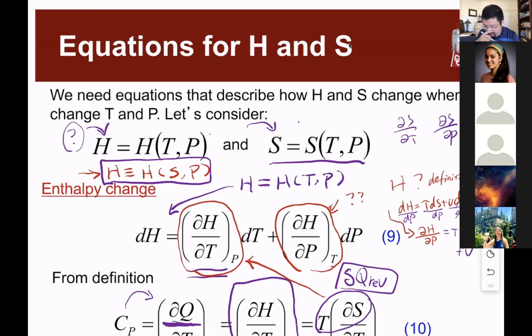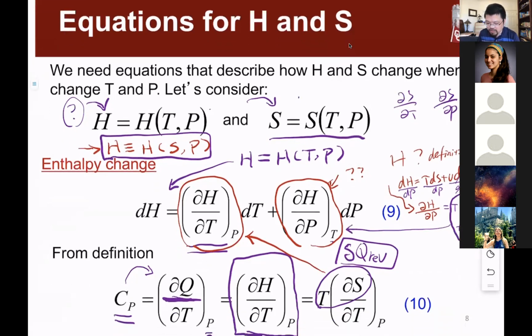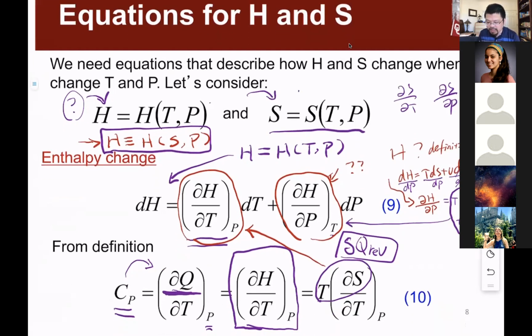So over here, we are able to also replace the second partial derivative by the term dS over dP. And the first term was replaced by dS over dT. So looking like now moving forward, we need to figure out dS over dT keeping pressure fixed or dS over dP keeping temperature fixed. What would be those two terms? And I hope you realize that those two terms might be the Maxwell equation terms.